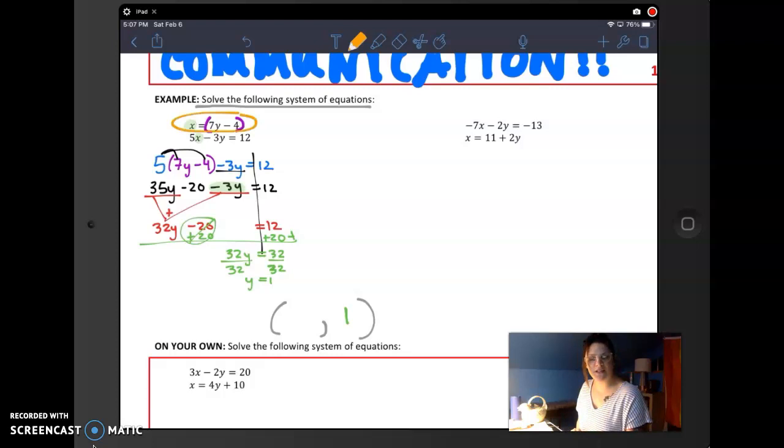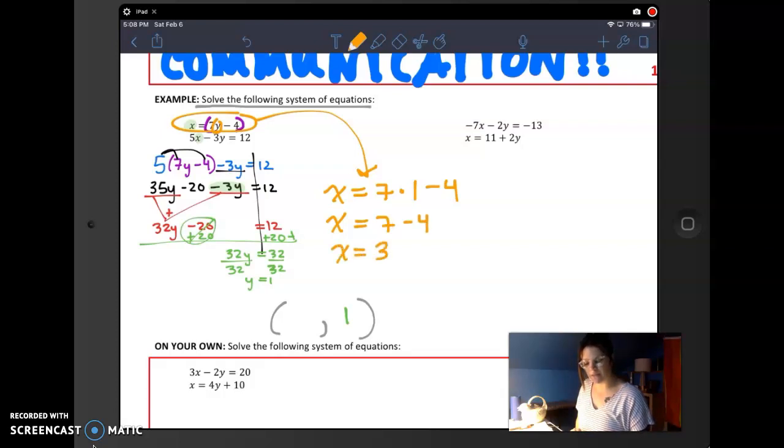Just have to find the equation where the x is alone, the equation that we use to plug inside the other one. And we're going to say, okay, x is equal to 7 times y, right? The y there. Well, we know y is 1, so we're going to replace the y with 1, and then subtract 4. Feel free to put this whole thing into your calculator if you want, but I'm going to do 7 times 1, that's 7. And then 7 minus 4 is 3. So my final answer is x is 3 and y is 1.